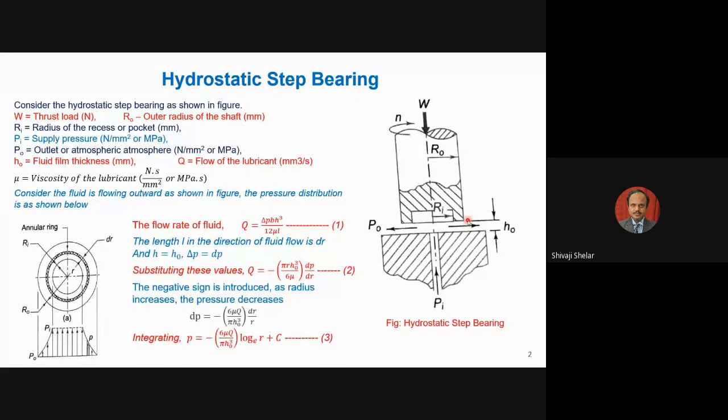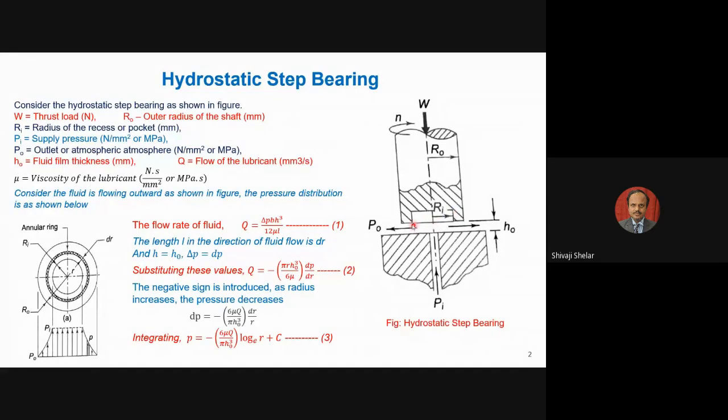So to understand the step bearing in detail, let's go to the nomenclature here. W here is the thrust load, which is the axial load acting on that shaft. RO is the outer radius of the shaft. RI is the inner radius of the recess or pocket.